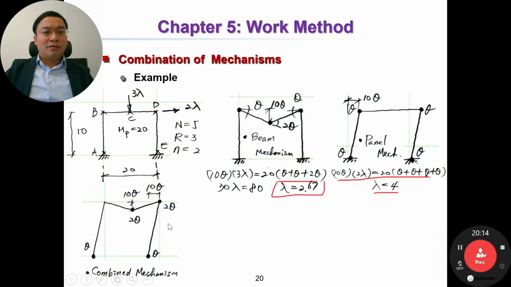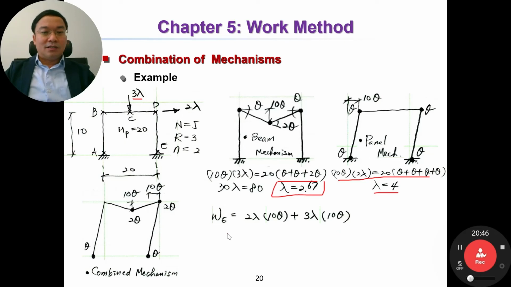With this combined mechanism, we can develop the work equation. External work equal to 2 lambda multiplied by 10 theta, plus 3 lambda multiplied by 3 theta, and equal to 10 theta.